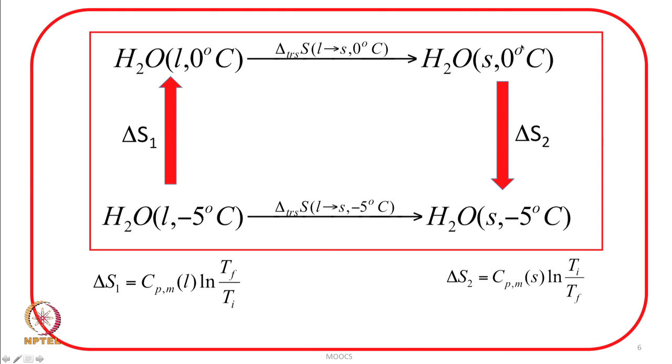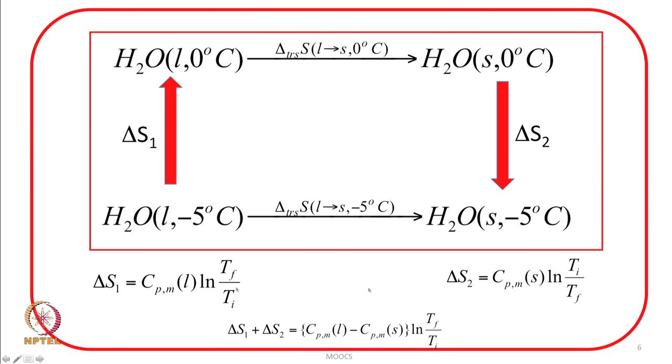Similarly, delta S2 will be heat capacity of solid into log, where T final is actually Ti, which is minus 5, because this is the final state, and the initial state is Tf. Please remember here Ti and Tf are being used as the initial temperature, which is minus 5 degrees Celsius, and F is the freezing point.